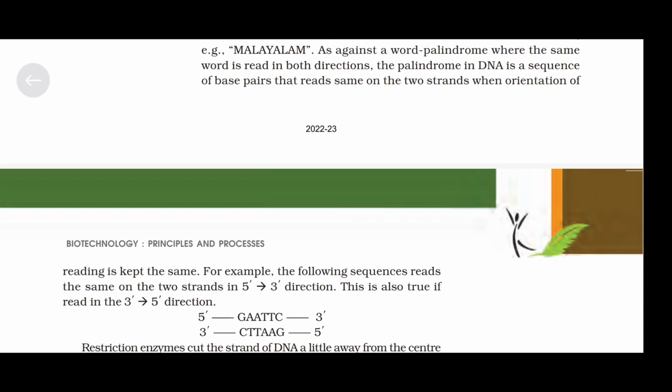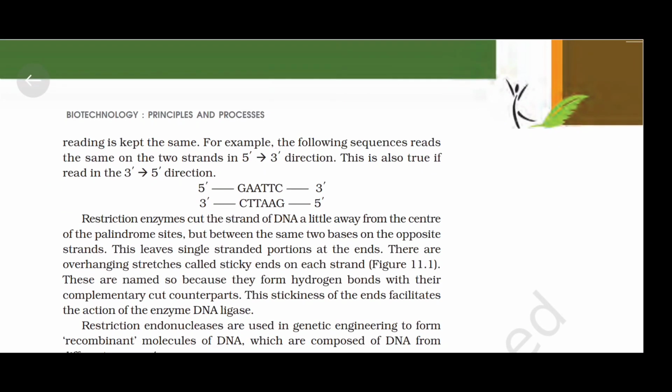For example, the following sequences read the same on the two strands in 5' to 3' direction. This is also true if it is read in 3' to 5' direction. So here you can see it is given GAATTC in the direction 5' to 3'. Again, if you go in reverse, again it is GAATTC.